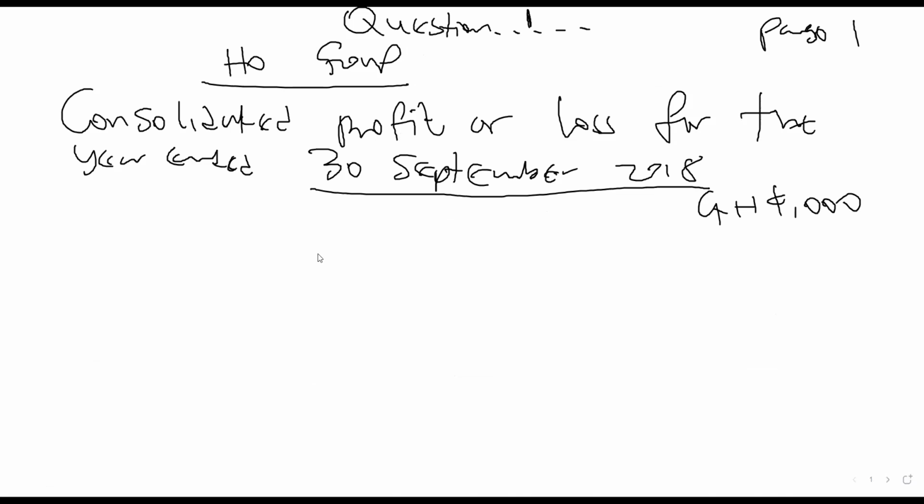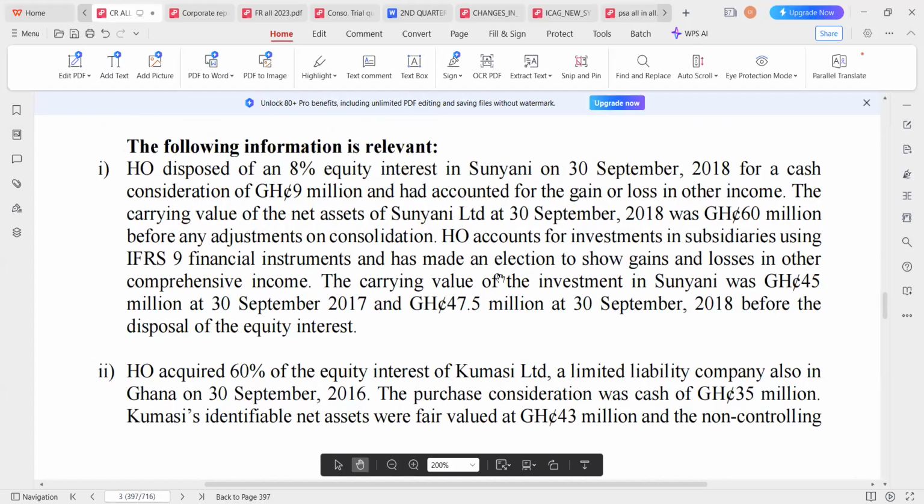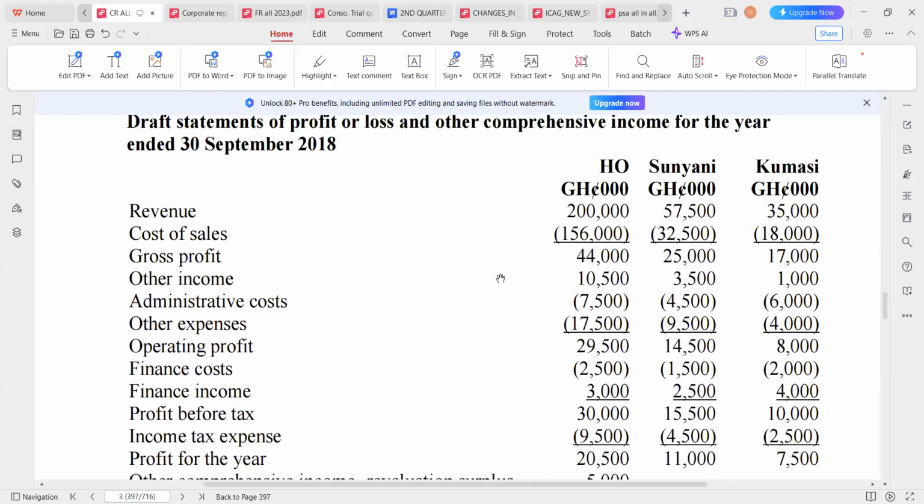Parent plus the subsidiary. So you start like this: revenue, parent's own plus Sunyani, open a bracket, then times 6 out of 12 of Kumasi's own. That's all from the start to the end.